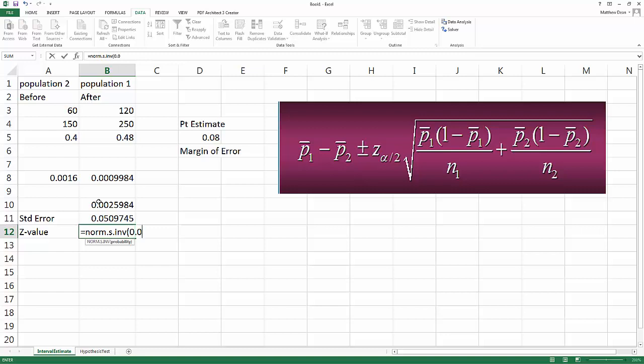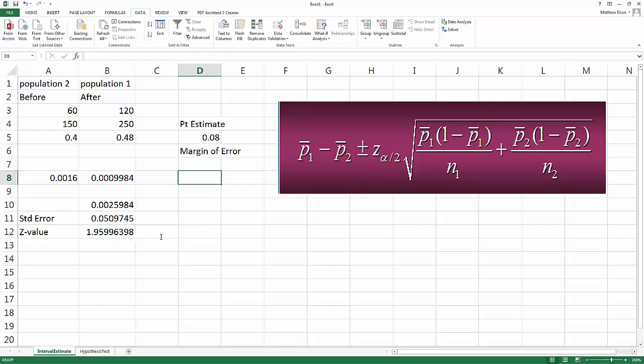I know that it's wrong, but let's try it anyway. It gives a Z value of negative 1.95999. We know it's supposed to be 1.96, not negative. So I need to put in 0.975 instead of 0.025, and that gives me about 1.96.